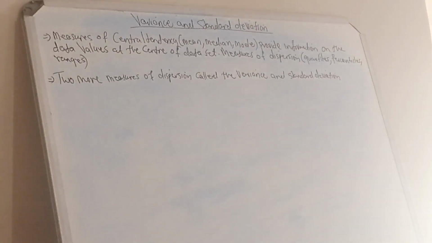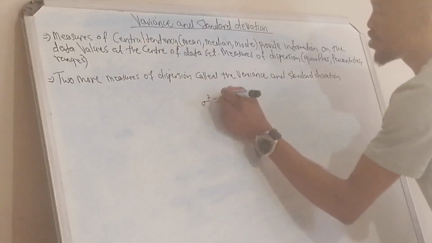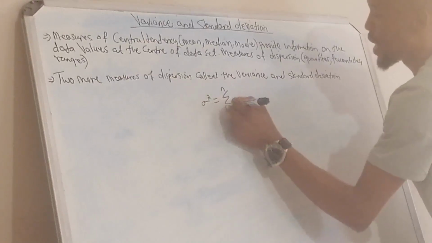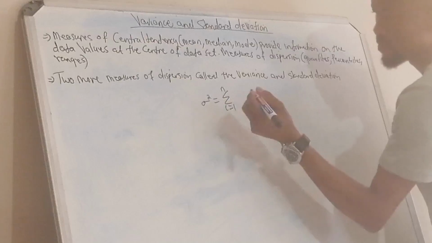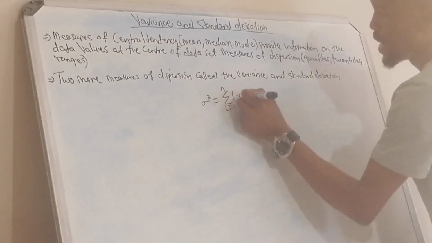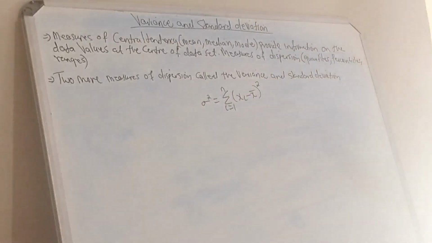We even introduced the formulas that revolve around that, where we said the variance, sigma squared, equals the sum where i equals 1, of xi minus the mean, and then you square that. This is the variance.